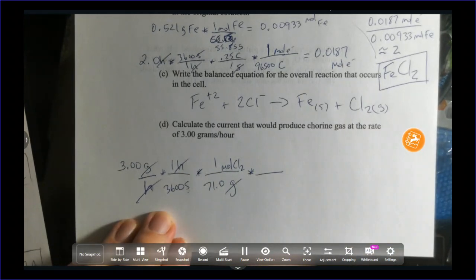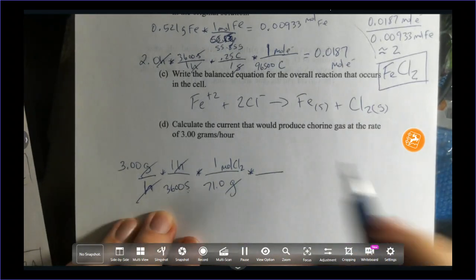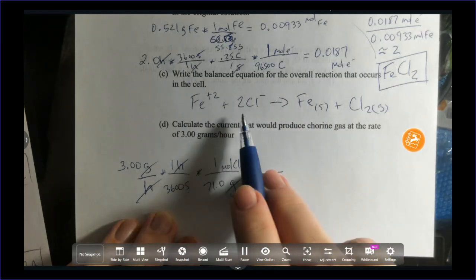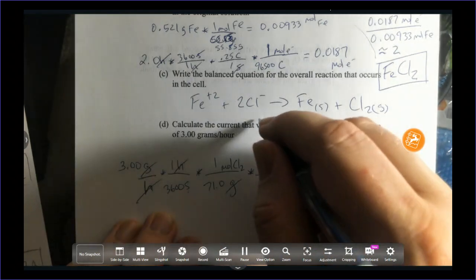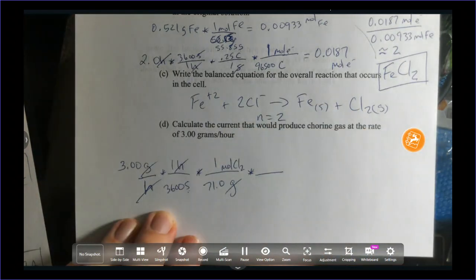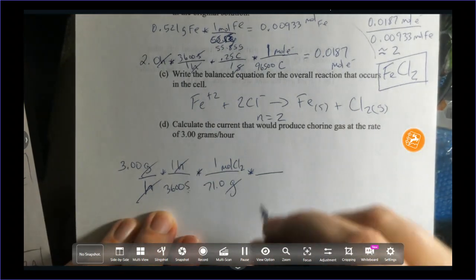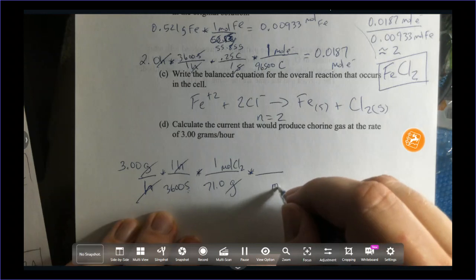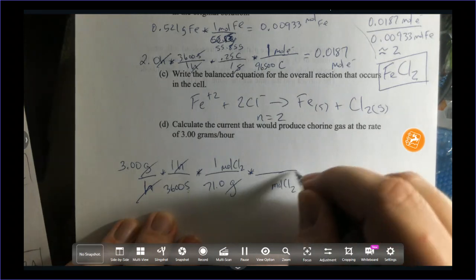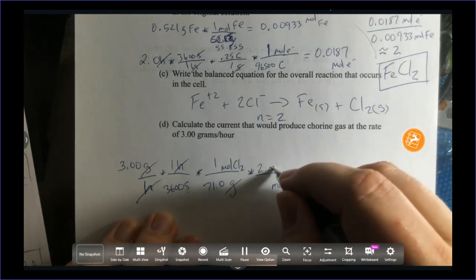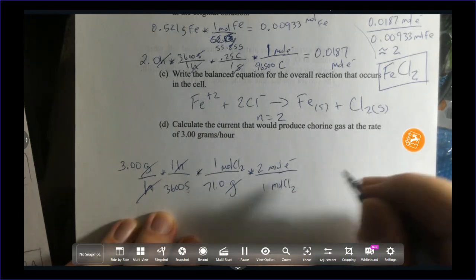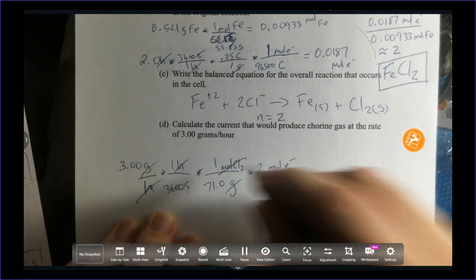Then stoichiometry. From the balanced equation up here, we didn't really write N out, but we hopefully can see that N is 2 here. We figured that out for part B. So for every mole of chlorine, there needs to be 2 moles of electrons. Gets rid of chlorine.